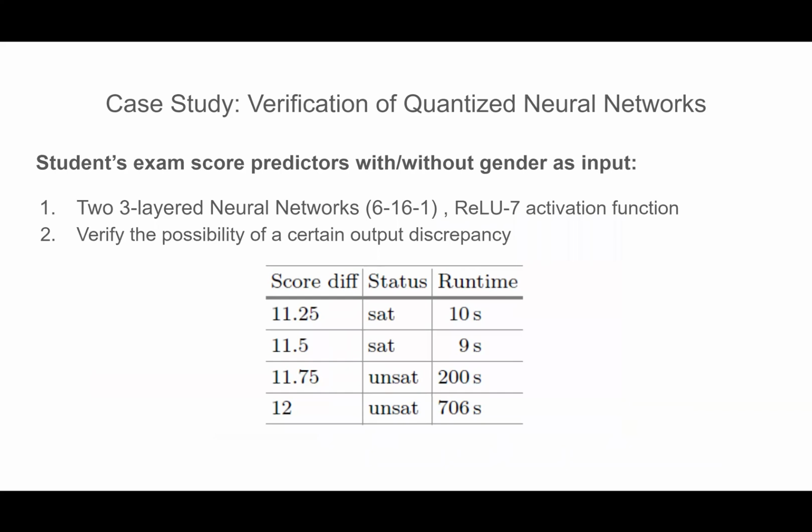The second is a student score predictor, a 2-layer network, and we want to see whether the 2 predictors have a certain output discrepancy, and this is a 3-layer neural network too. And here, 16 and 1 is the size of the neural networks. So that's some application of our implementation of the theory.